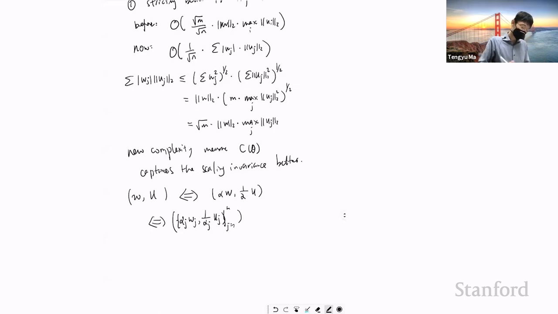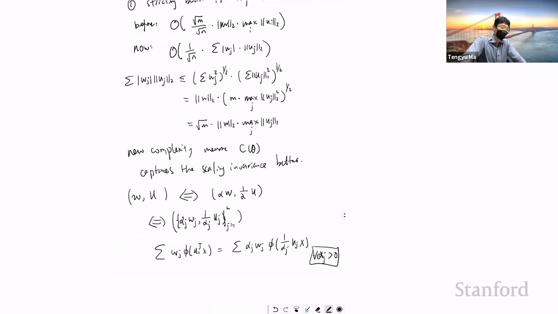just because the sum of wj ReLU of uj transpose x is the same as alpha j wj times phi of 1 over alpha j uj transpose x, for any scaling that is positive.